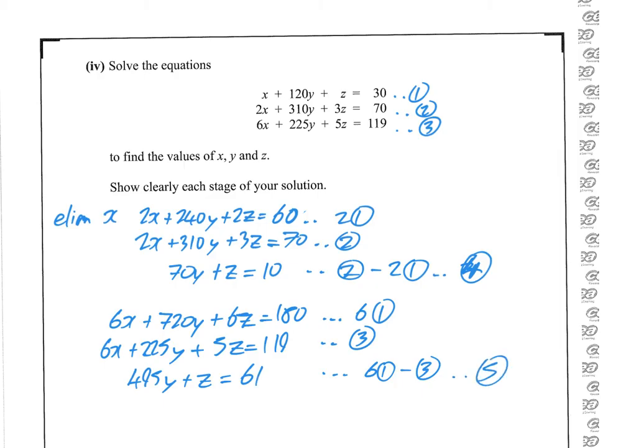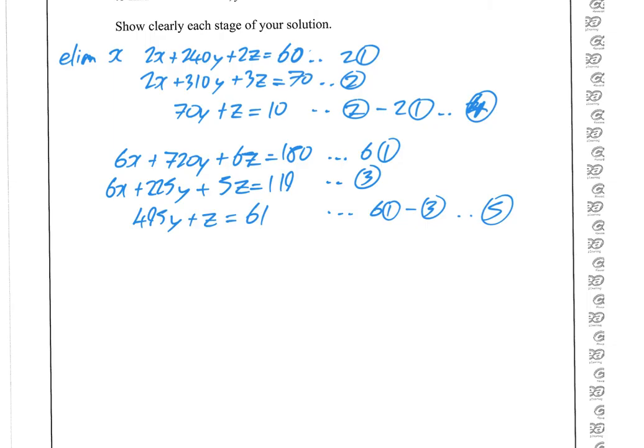So I'm going to solve now equation 4 and 5. So equation 4, I'm going to write underneath it again. It's 70y plus z is equal to 10. That was my equation 4. And I'm going to then just subtract. So equation 5 minus equation 4. And that will get me 425y is equal to 51.